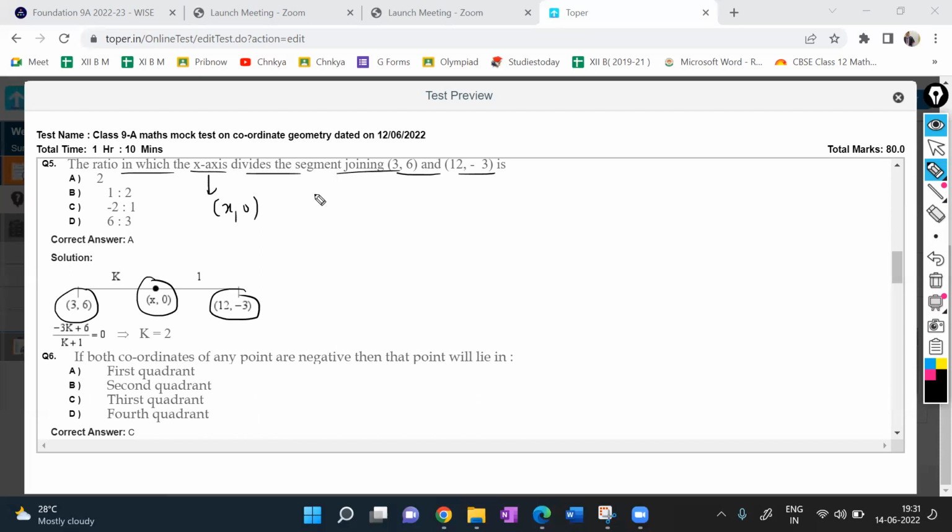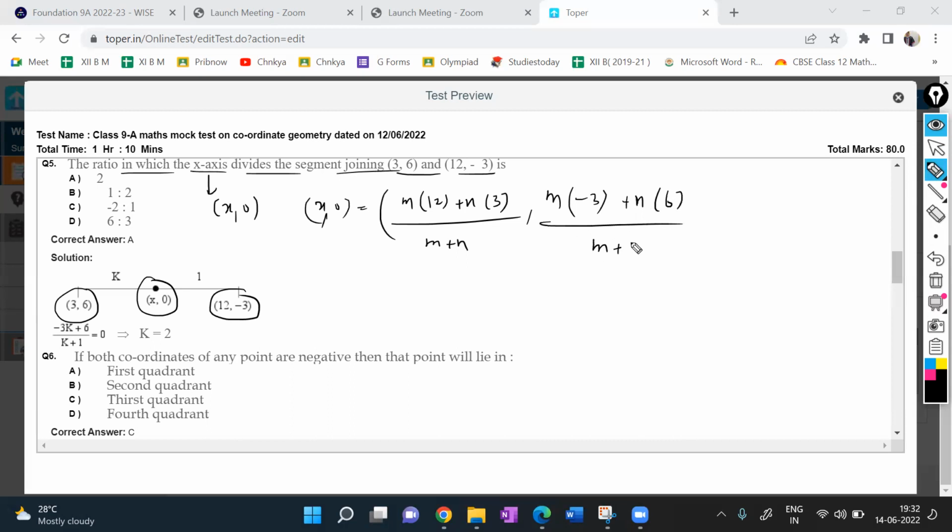So what we do here is x comma 0 equals m x2 plus n x1 by m plus n, and m y2, y2 is minus 3, plus n y1, 6, divided by m plus n.